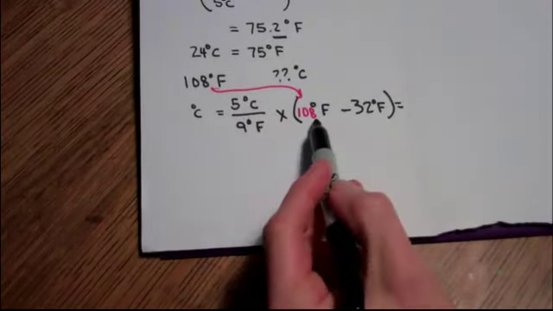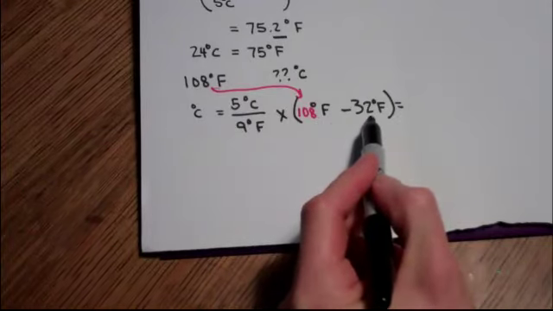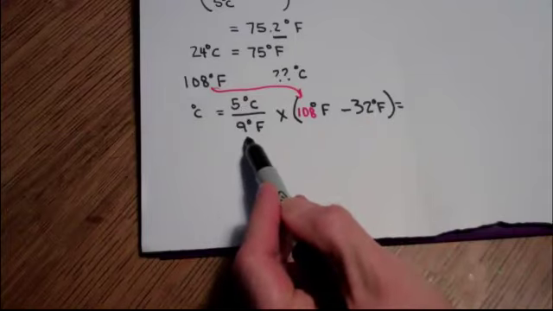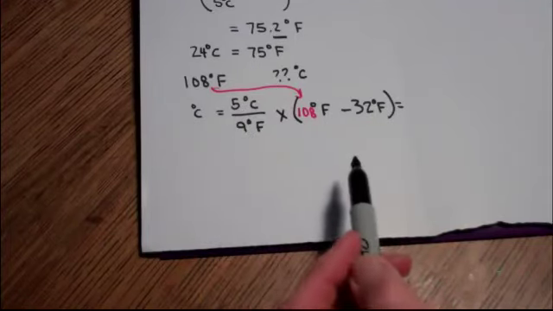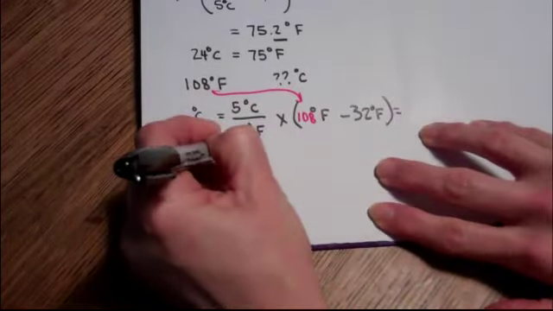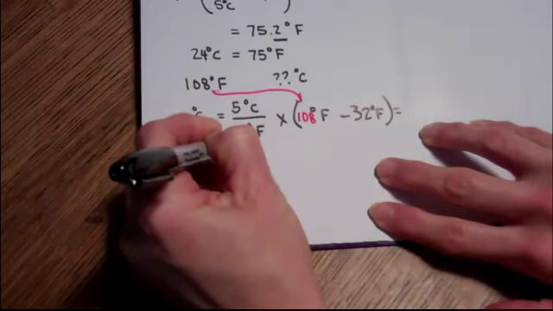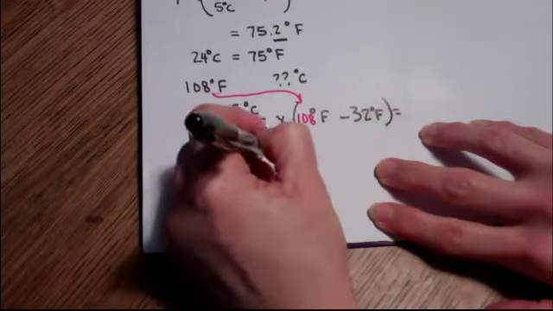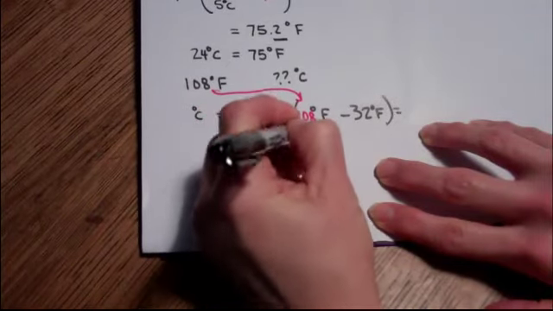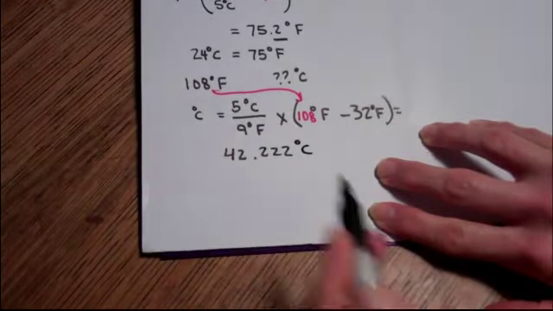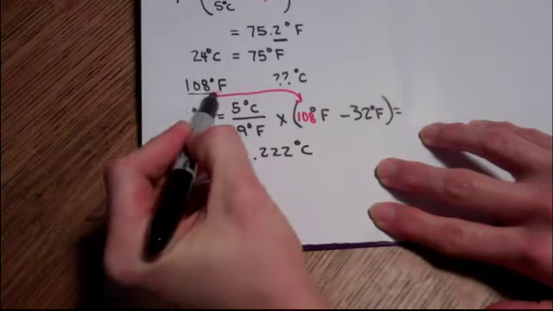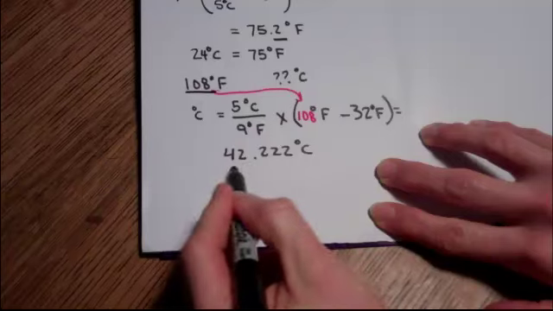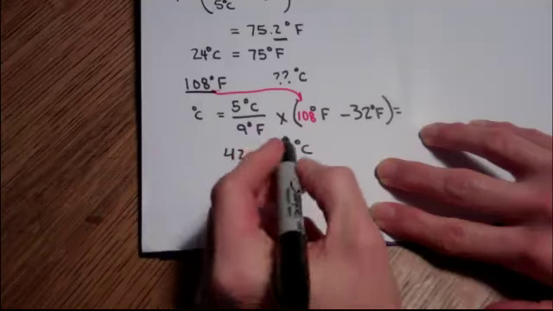So 108 degrees Fahrenheit minus 32 is 76. We multiply that by 5, divide it by 9, and we end up getting our degrees Celsius as 42.222 degrees Celsius. We can see in our original question we have 3 significant figures, and so we need to reduce this to 3 significant figures.